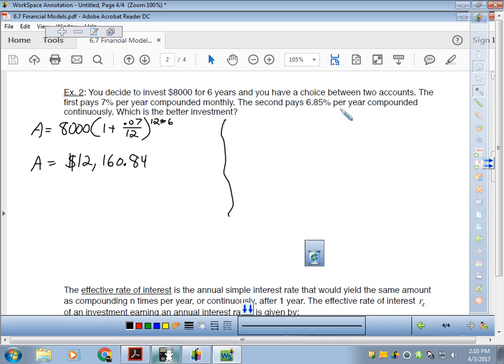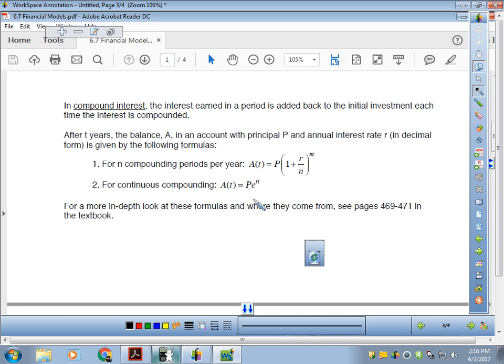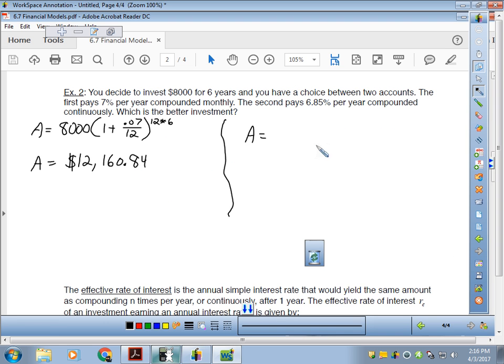Right, the second account is the one that pays 6.85% compounded continuously. So this time we're going to use the continuous interest formula, which is this one, A equals P e raised to the rt. So my principal is still 8,000, and I have e. My r is my interest rate. In this case, it's 0.0685, and that gets multiplied by my time, which is 6.